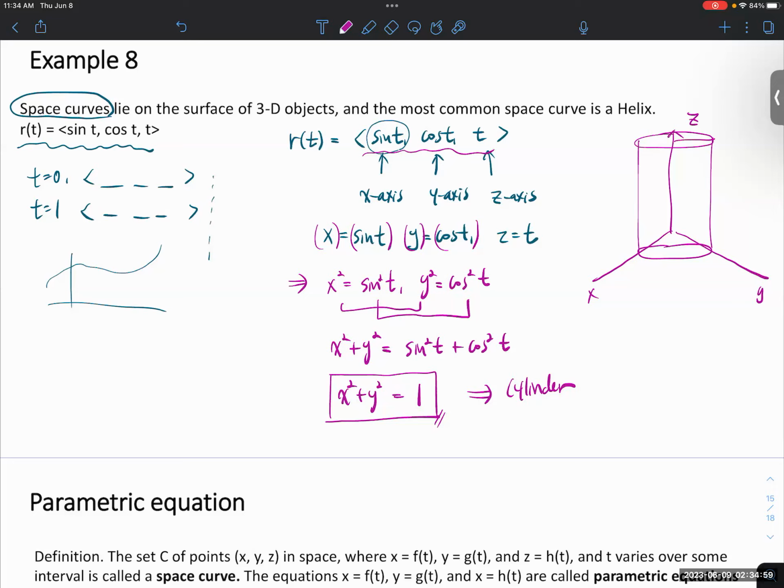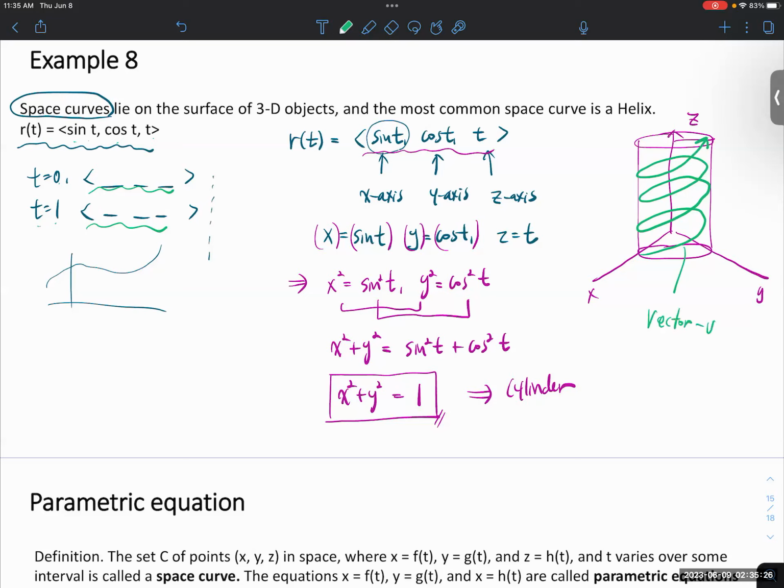And then actually, if you point out all these numbers, so when t equal to 0, sine 0, cosine 0, 0, when t equal to 1, sine 1, cosine 1, and 1, they're going to create a curve inside of this cylinder, which means in somehow you will find out this. So this is the parametric equation of the cylinder.